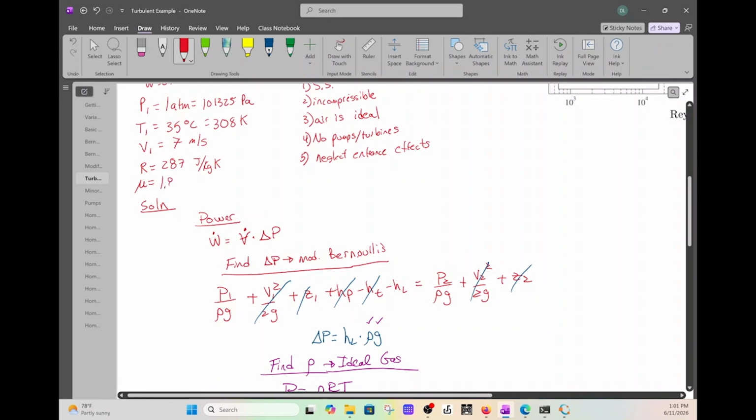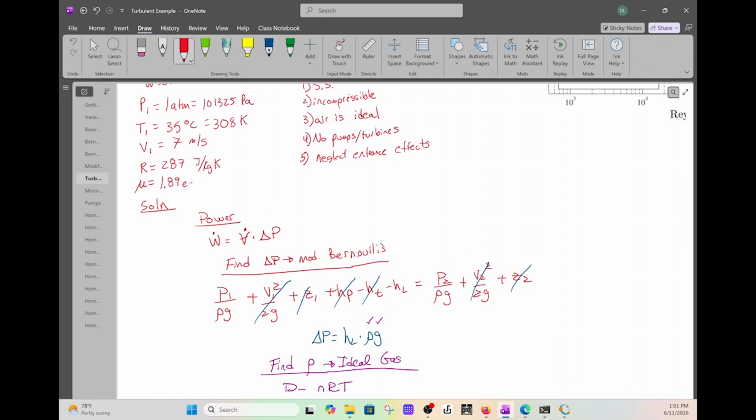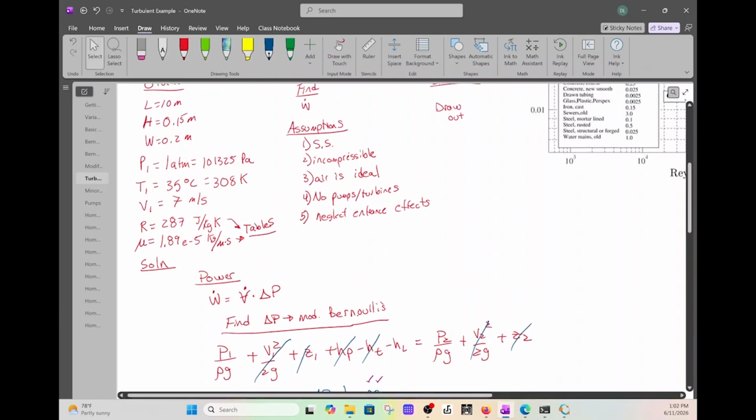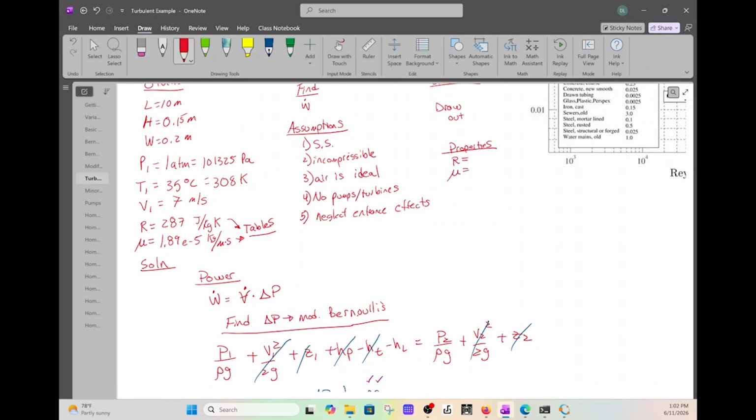It's going to be 1.89 e to the minus 5 kilograms per meter times second. And if you want, these are in the back of the book in the tables. And sometimes you could label properties, and this is where you can label R, mu, and so forth if you eventually will need those. Or you can write them in your givens. It doesn't matter.